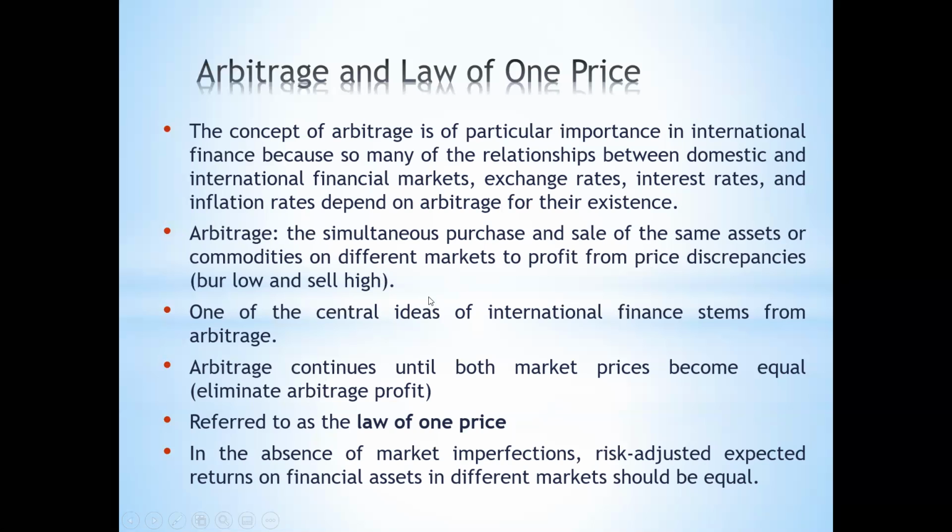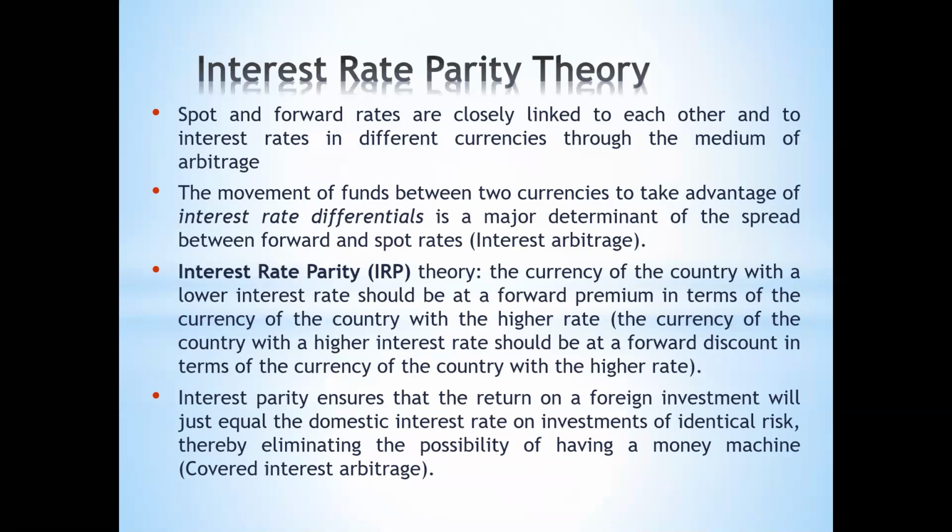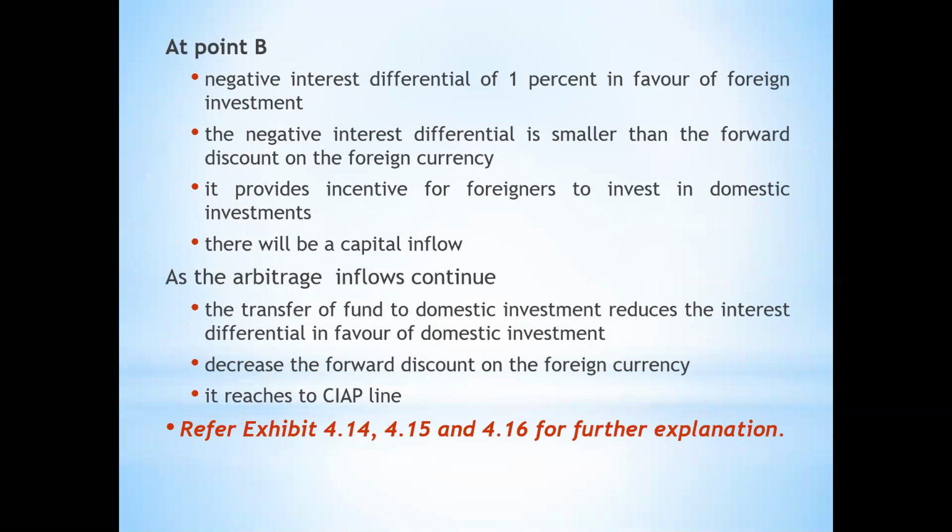Then at the end, it pressures the forward rate, creating a forward discount or forward premium on the exchange rate. At the end, it comes to the law of one price, which we call the purchasing power parity condition. Right? So that's all about parity conditions. Okay, so just refer to this explanation again regarding interest rate parity, and you will get more knowledge about the interest rate parity conditions.